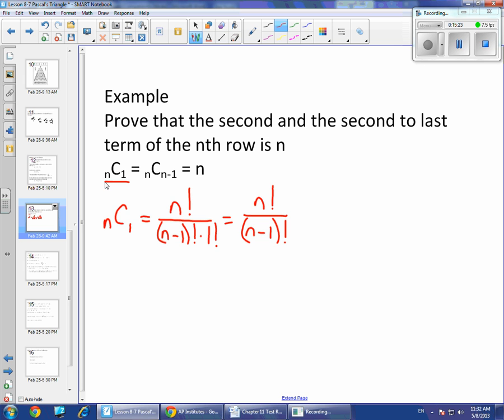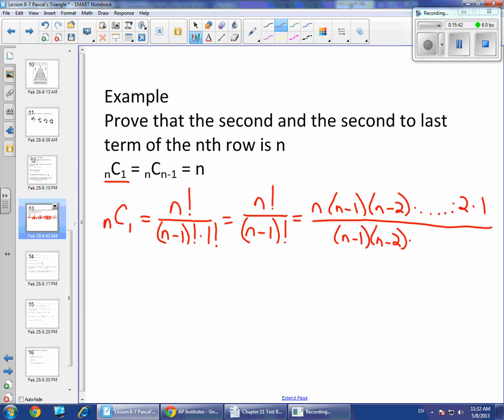So this top thing is n times (n minus 1) times (n minus 2) times (n minus 3) all the way down to 2 times 1. The bottom one is (n minus 1) times (n minus 2), and so on, all the way down to 2 times 1. So what you should notice is everything cancels out except for n. So I've got nC1 equal to n so far.